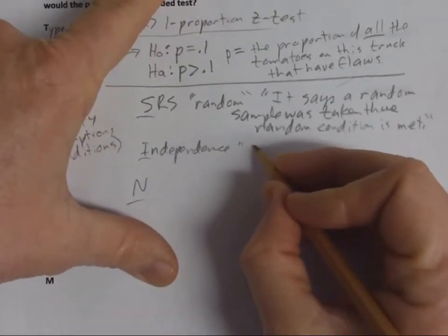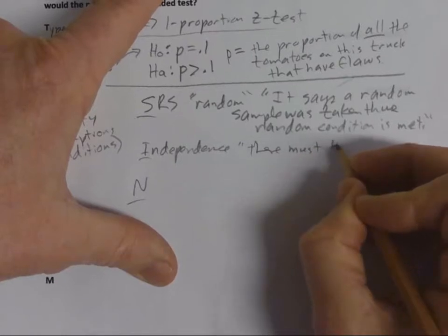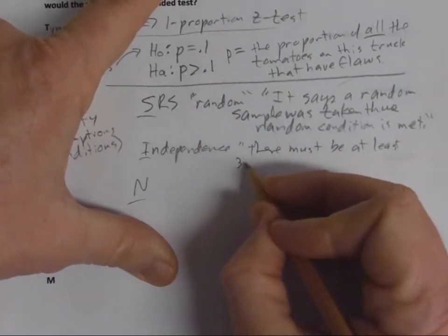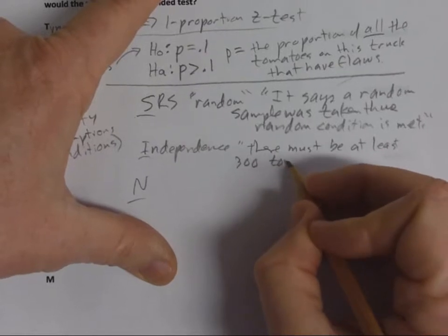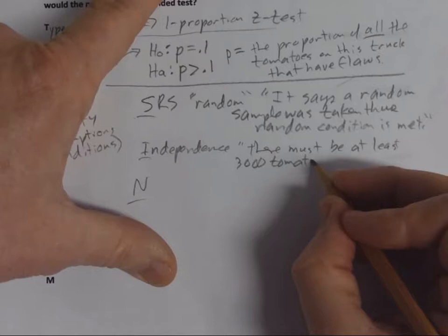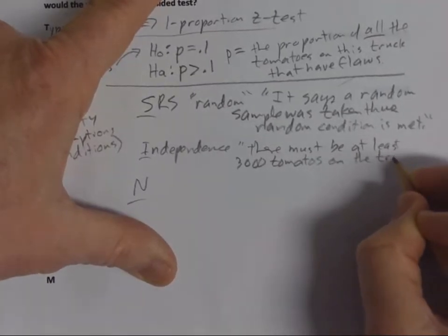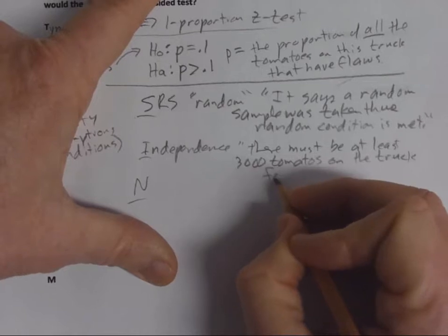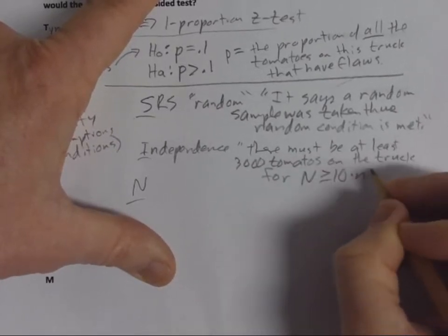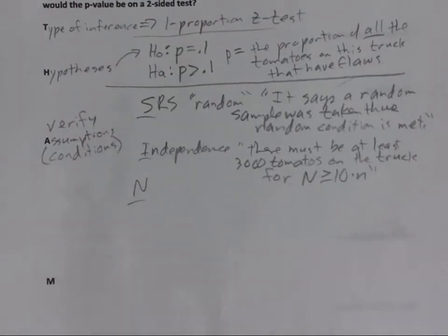So what you would say is this: there must be at least 3,000 tomatoes on the truck, 10 times that, for our population size to be at least 10 times our sample size. And that's considered standard notation for population size and sample size, so you can just state it like that.